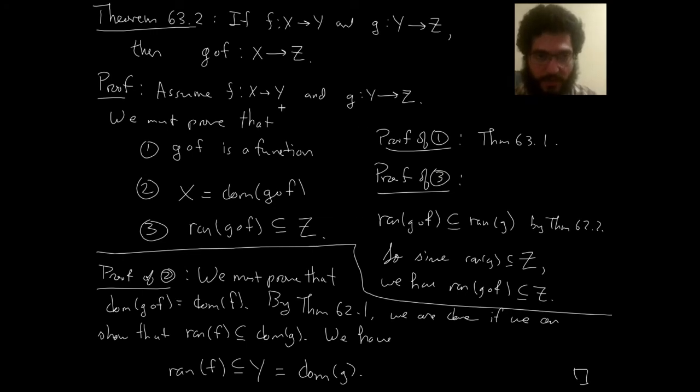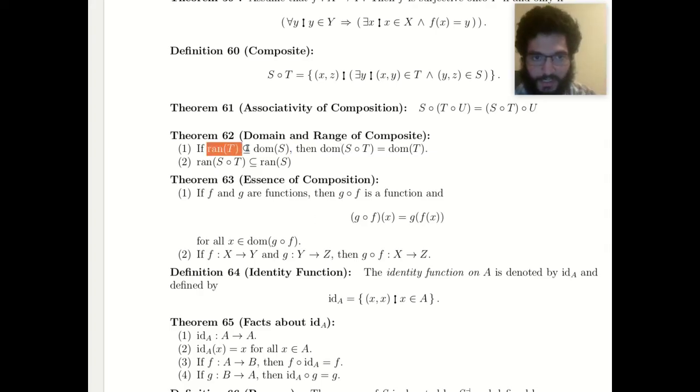So you see how getting to this conclusion required that the y that shows up here is the same as the y that shows up here. You see, composing, because we needed this assumption in order to get this equality of domains, because of this, composing functions seems to work a lot more smoothly when the codomain for the one on the right equals the domain for the one on the left.